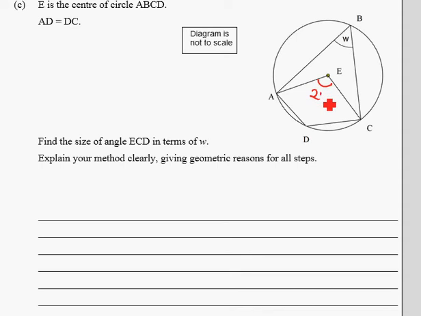If that's 2W, then this one around the outside must be 360 minus 2W, and then this is the one at the circumference that would be half of that, so that would be 180 minus W, and we've got that one. And because the sides are the same size, then it's symmetrical, and those two angles must in fact be the same.